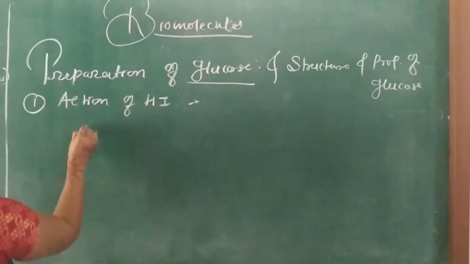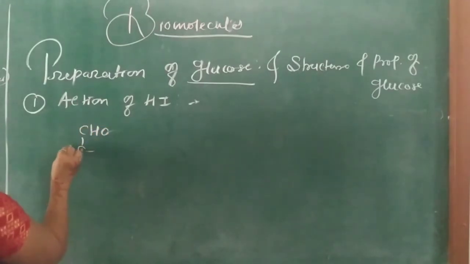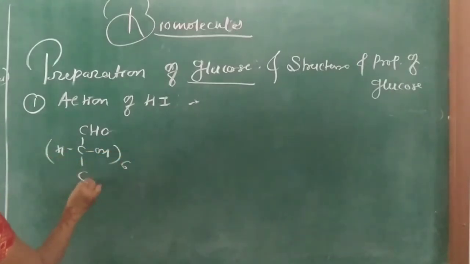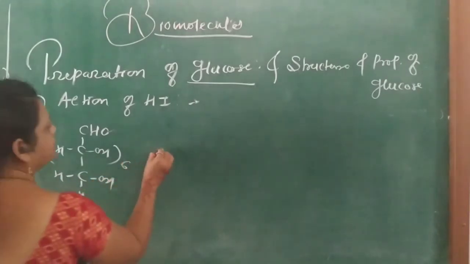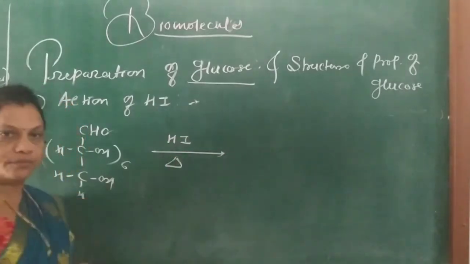So here CHO, then CHOH by 4, and then CH2OH, plus HI.